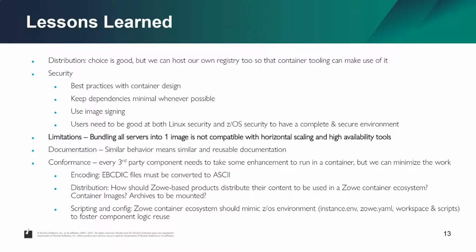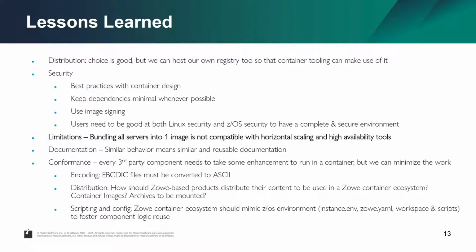Now, the documentation didn't really change too much, and it was for the best that we emphasized what was similar and then just documented what was different between using Zowe on z/OS versus Docker. We also learned a little bit about how products built on top of Zowe would need to change in order to have Docker compatible versions.